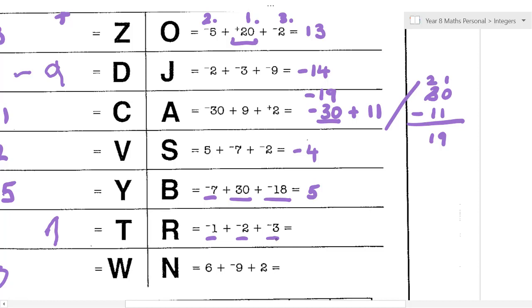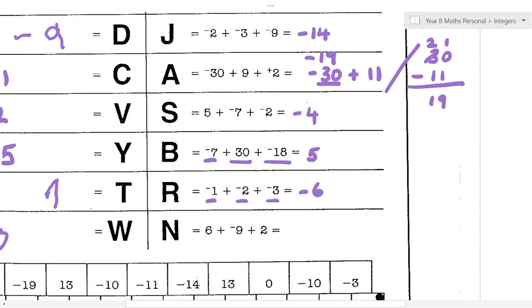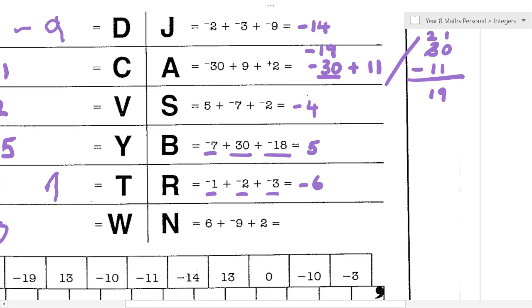And of course, since they're all negative and we're adding them together, it would be negative 6. And last but not least, we've got 6 plus minus 9 plus 2. Let's add the 6 and the 2 together. That adds to 8. If I'm then subtracting 9 away from 8, that would have to be a negative number, which in this case is negative 1.